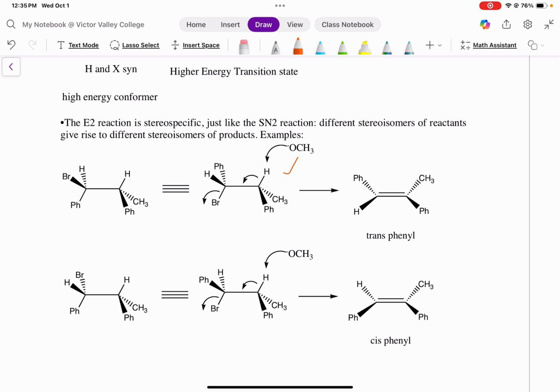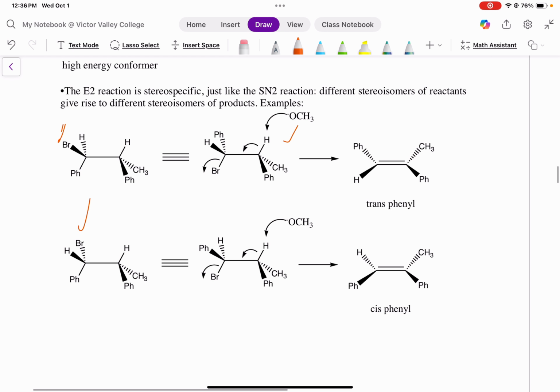The bromine's in the back now, instead of the front. You get the cis. The two phenyl groups get pushed to the same side. So it does affect the stereochemistry of the products, depending on where the bromine and the hydrogens are.